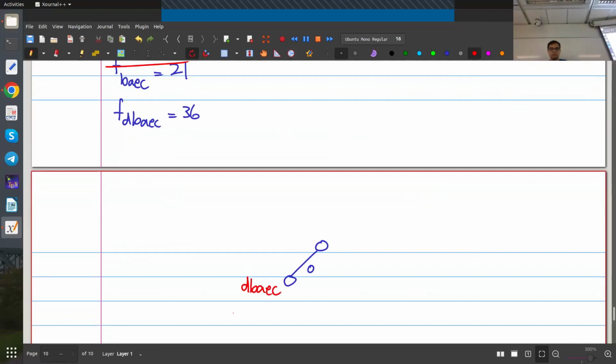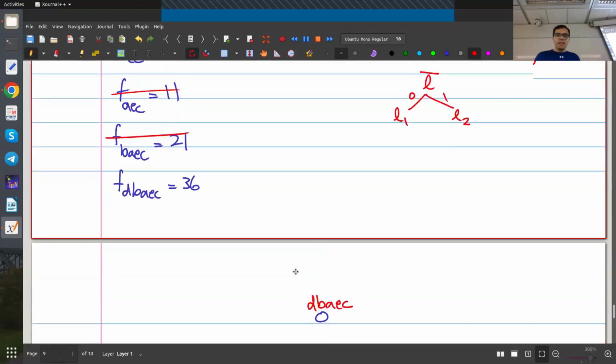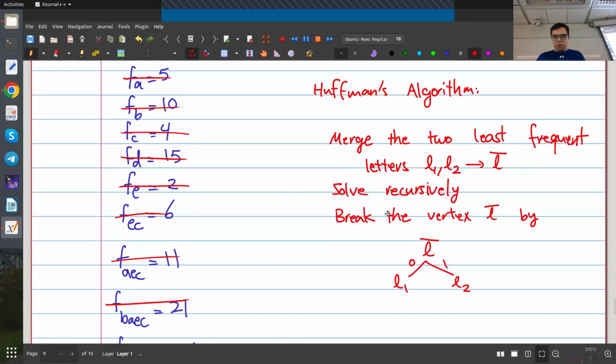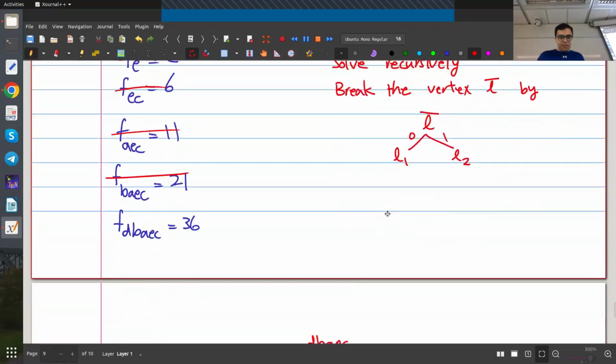Okay. But this is not great. In this particular case, I'm going to say this. If I have only one letter, I can just assign the empty string to it. Okay, so I'm going to start with this. I'm going to start with DBAEC being assigned to the empty string. Now, every time I have to go back and break the vertices.